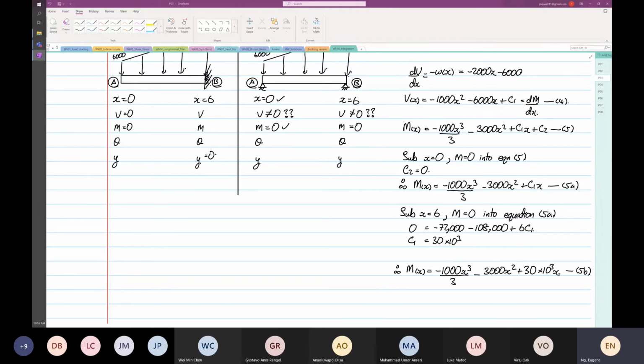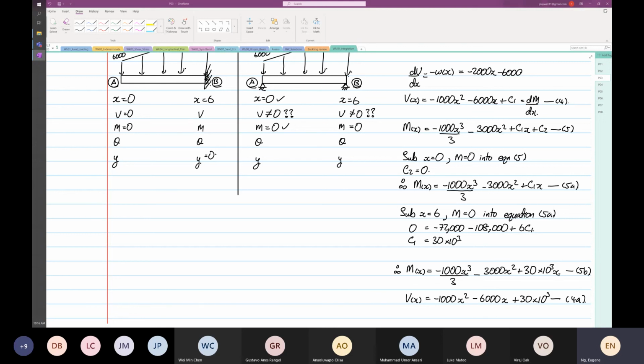And then your shear force equation will be equal to minus 1000x squared minus 6000x plus 30 times 10 to the power 3. This is now your equation 4a. This is just by using the integration method. As I said, you have to trust the math.